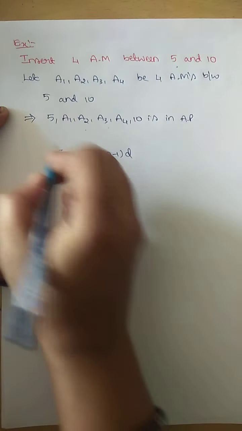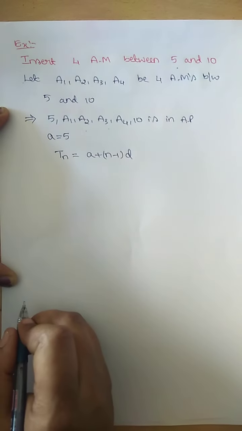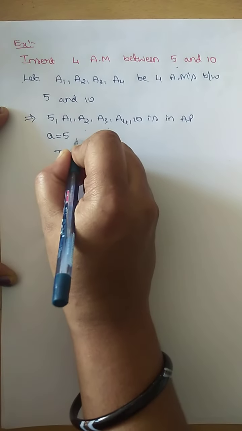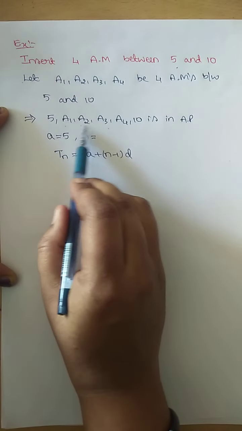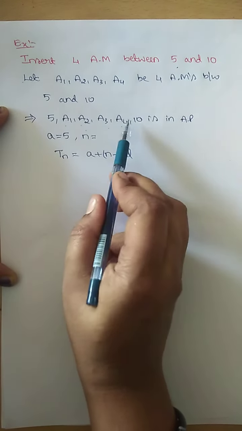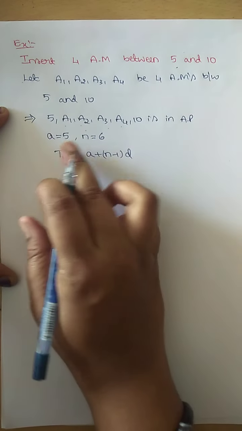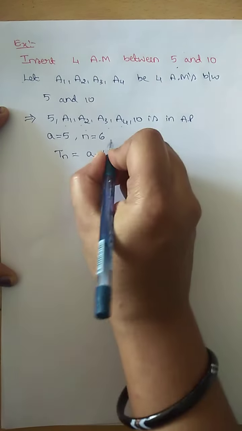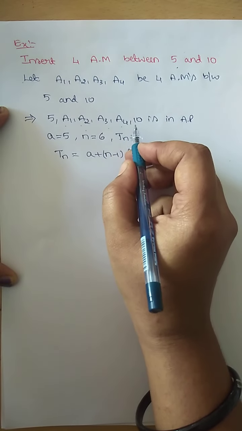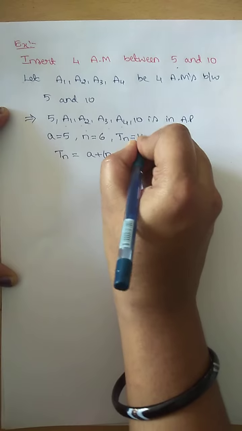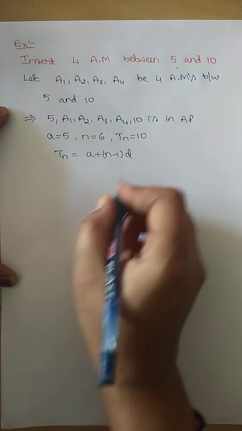Here a means the first term, which is 5. The number of terms: 4 arithmetic means plus the first and last number gives a total of 6 terms. So a equal to 5, n equal to 6 and Tn equal to the last number, which is 10.